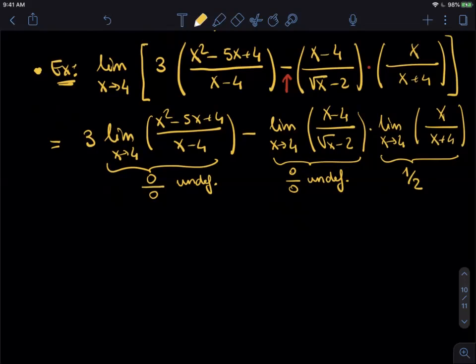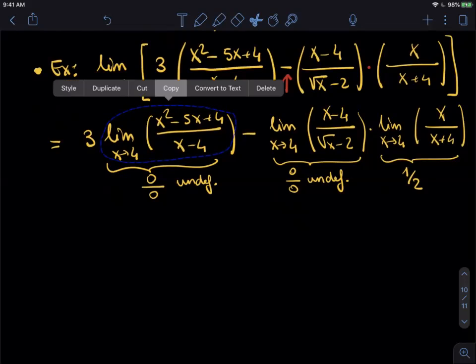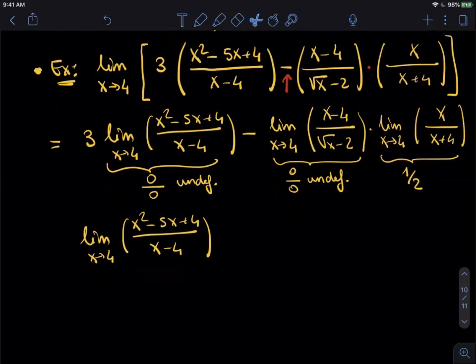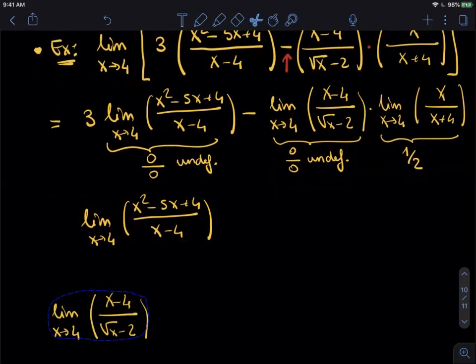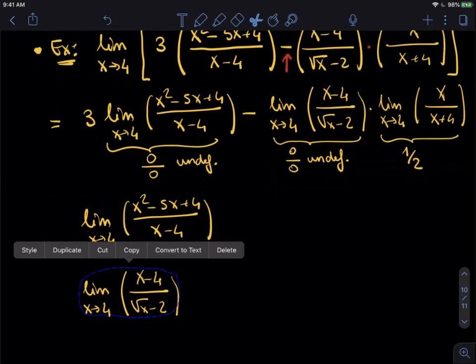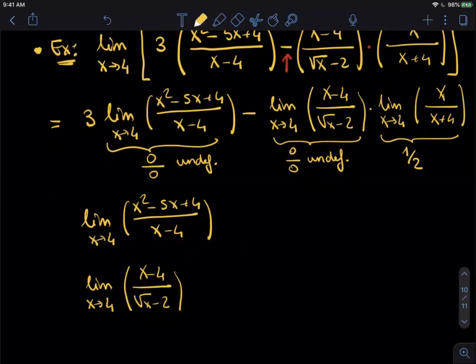My advice here is that we do the two limits that are involved here separately and then come back. Otherwise, we will have to carry everything through, and it's a lot more writing, and it's more likely that we mess up. Okay, so let's work through this.